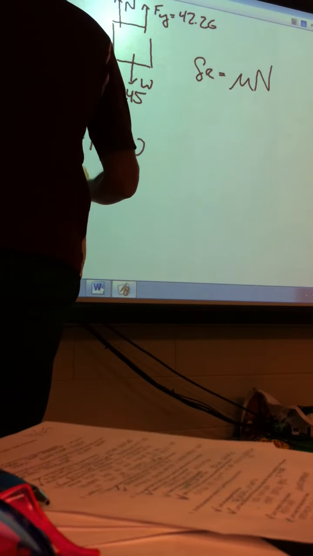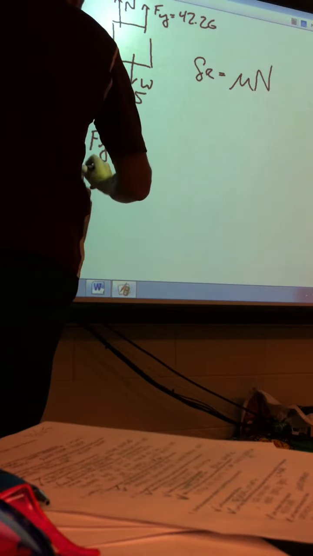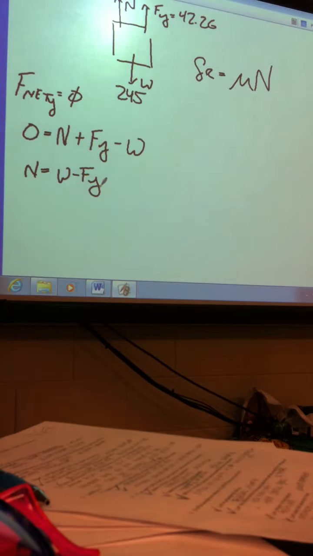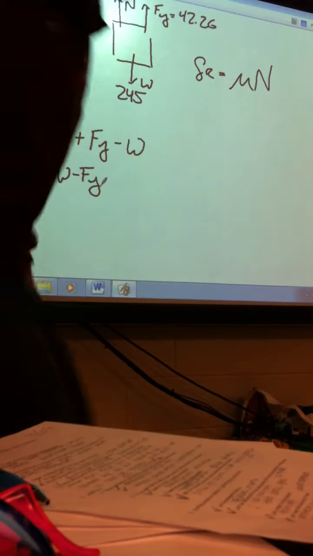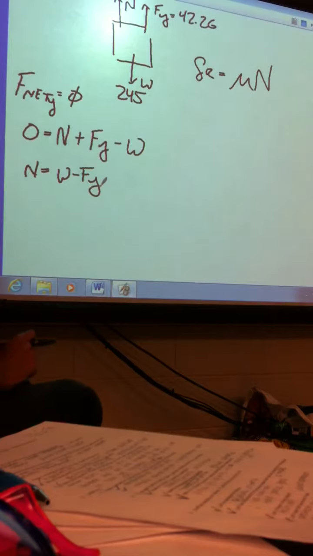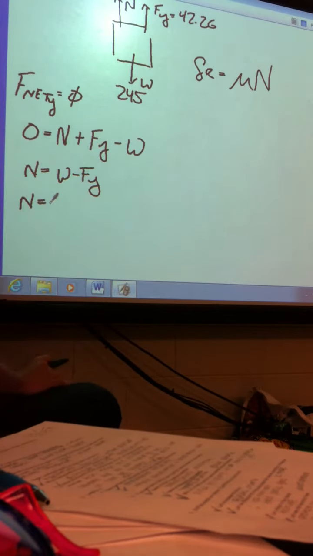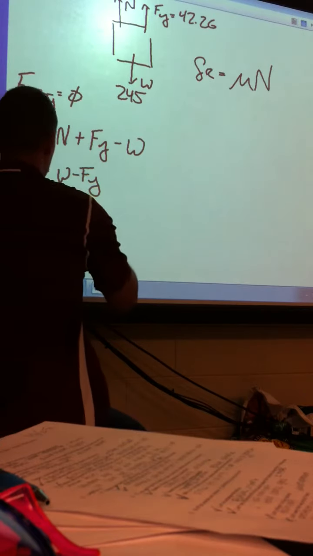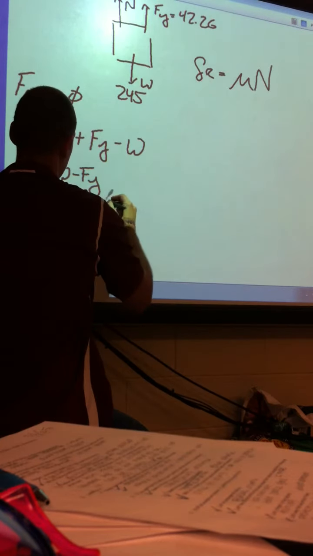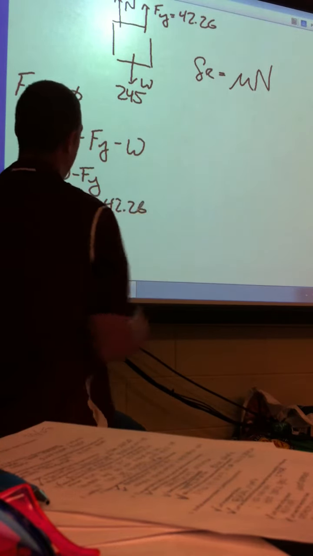Normal is equal to W minus Fy. So normal, the reactionary force, is equal to 245 minus 42.26.